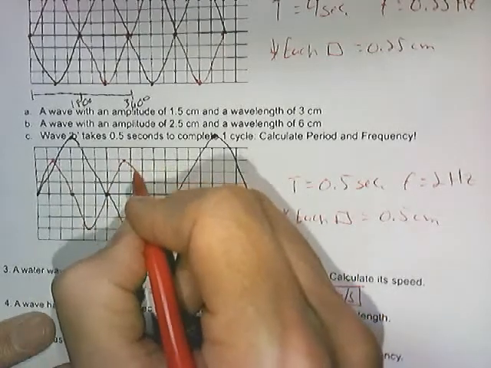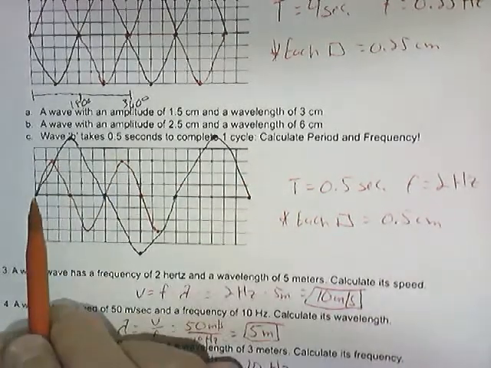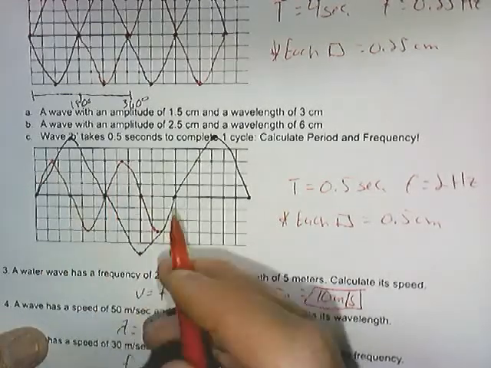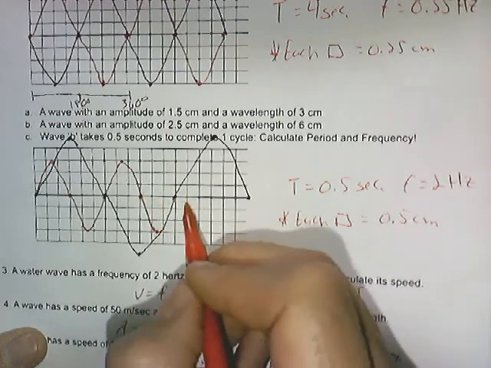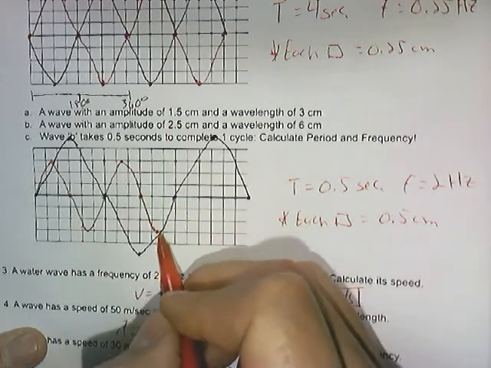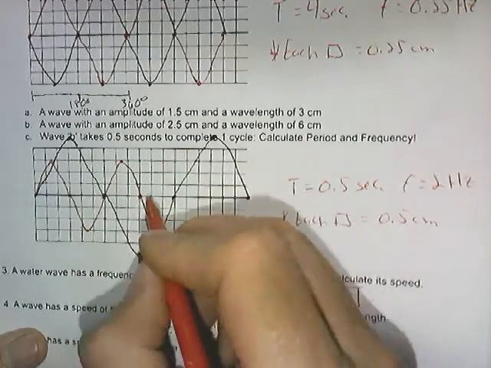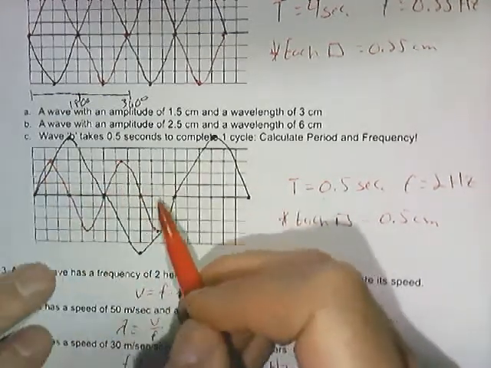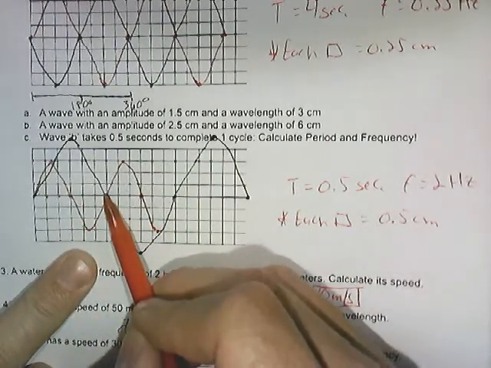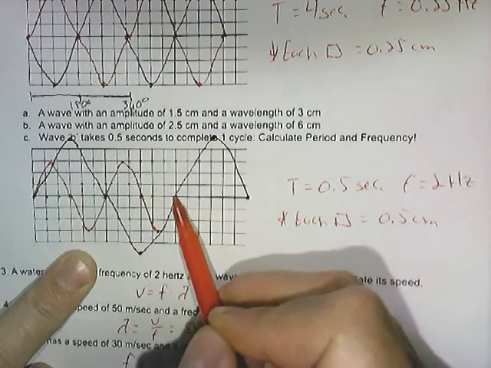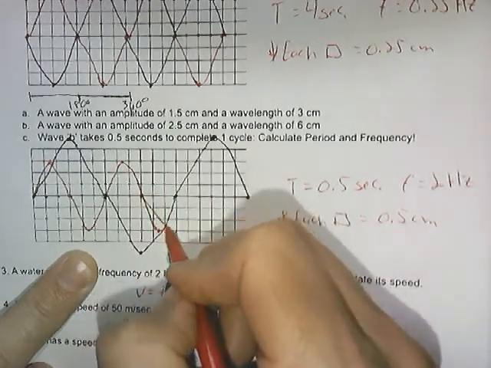So here's one, and I can go 1, 2, 3, and 1, 2, 3. So here's my second wavelength. So okay, my graph here looks like this. 1, 2, 3, 1, 2, 3, 1, 2, 3, 1, 2, 3. Oh, that's my problem. This should come down to here.